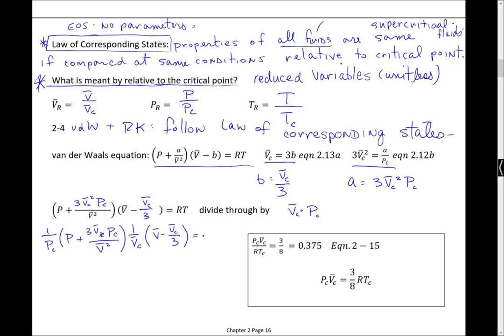Now I need to do it to both sides, so my right side will be RT over PC VC. Okay? Make sense? All right, so let's talk about what happens. Now, if I multiply this through this formula that's in these parentheses, P over PC, what's that the same as?